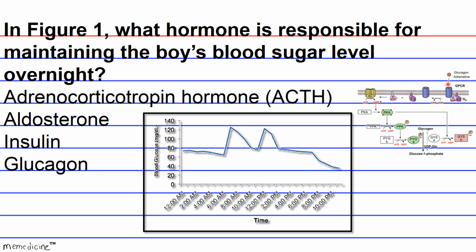So here goes glucagon binding. Adrenaline also has the same effect, and it's going to initiate certain metabolic processes to break down glycogen or fat or proteins, okay? So again, glucagon is a hormone that drives the metabolic reactions during the fasting state, and glucagon is responsible for maintaining the boy's blood sugar levels overnight. Notice you don't get as much blood sugar as fast as you would from ingesting some fresh glucose, okay? All right.